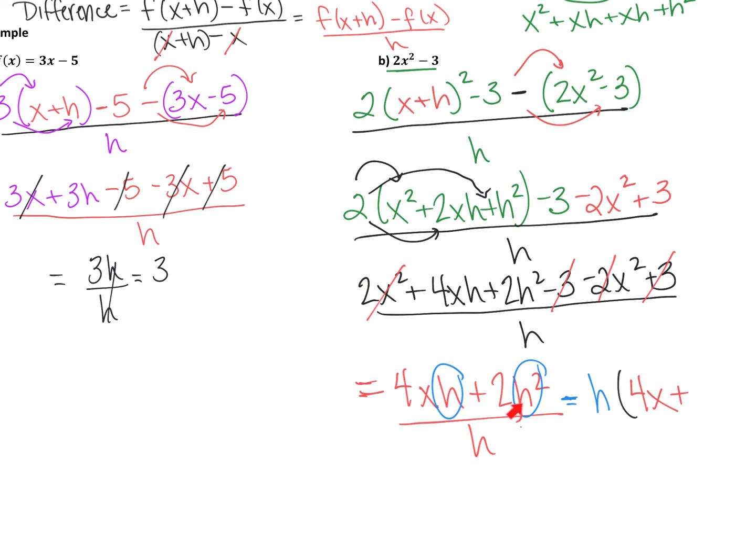So when I pull one out, I'll be left with one. So that's 4x plus 2h. And I'm going to divide all of that by h. The reason that I need to do that factoring is because the h in the front here will cancel with the h down here. And here's the actual difference quotient, which is 4x plus 2h.